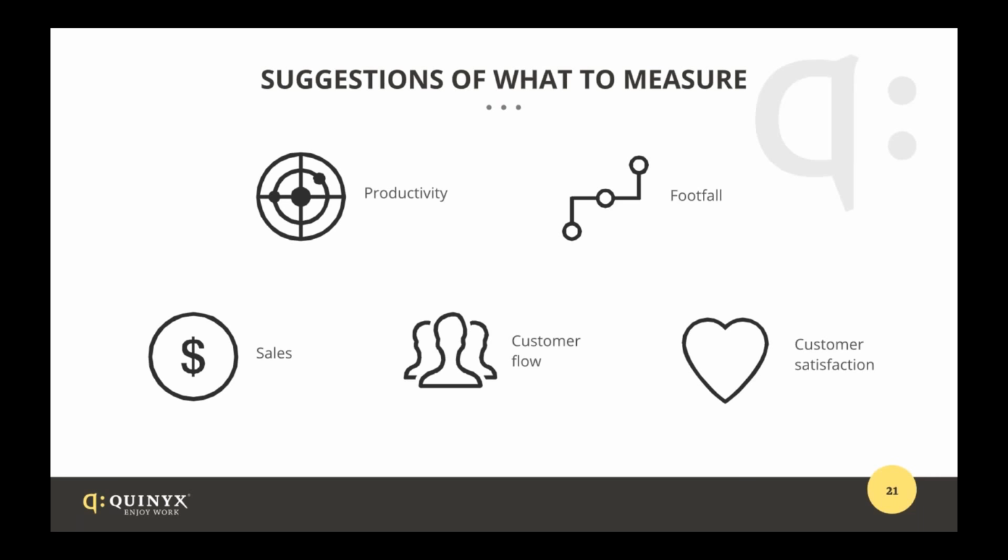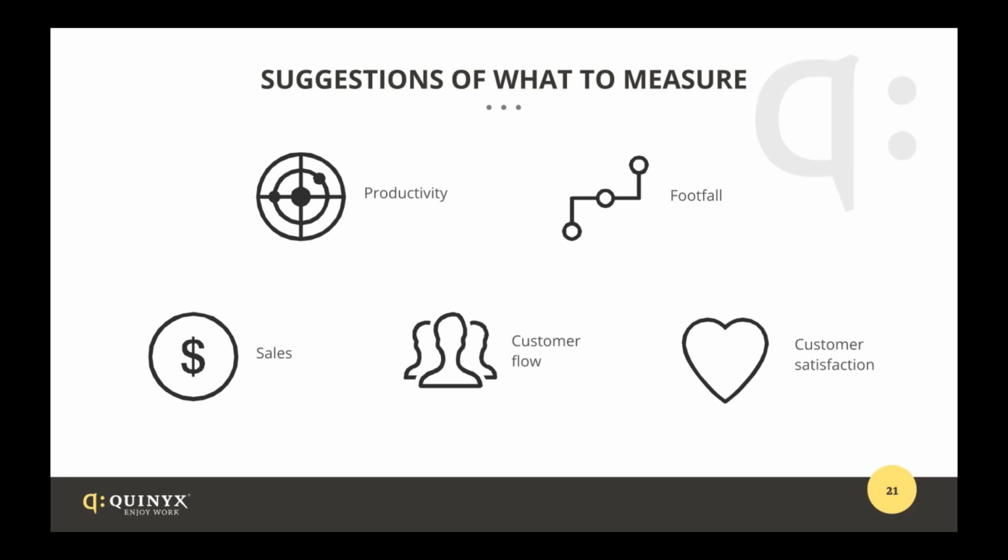The last one is maybe a little bit trickier, but something that we really want to push as a really important KPI to measure. So customer satisfaction. It is trickier to measure that in a quantitative way. There are different ways of doing it, of course, but it's maybe nothing that you naturally have within your business.